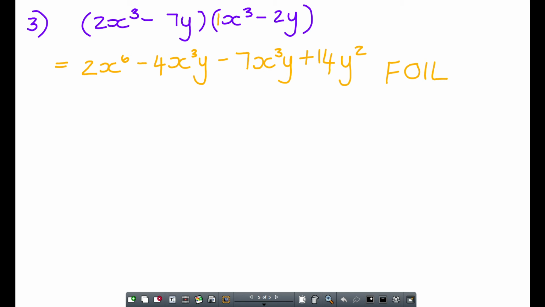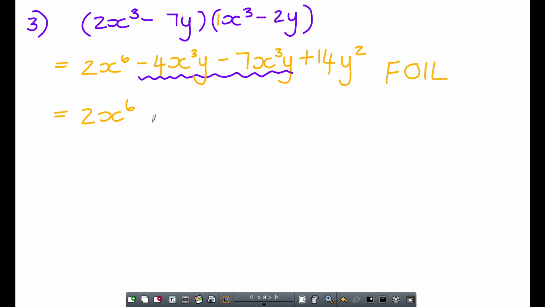Which ones do we usually simplify? Like terms. Which ones are like terms? The 4 and the 7, yes. So can you see it's those middle ones? All right. So who wants to try and give me the answer?